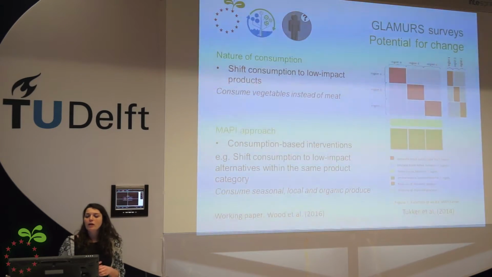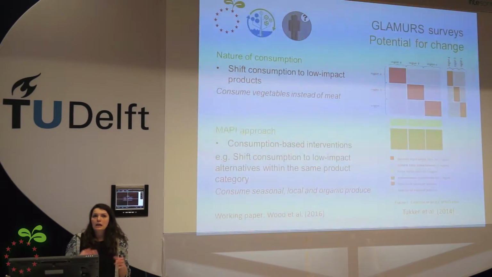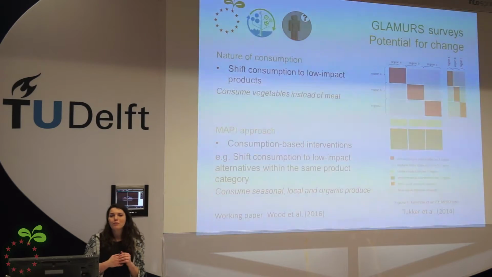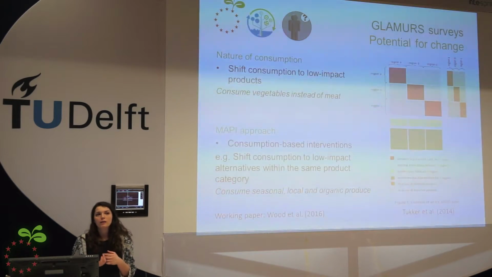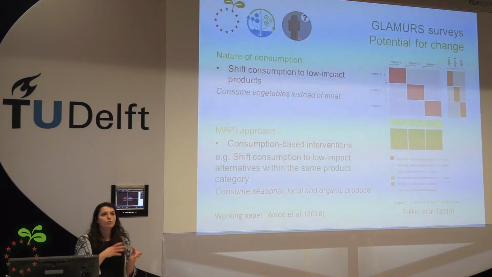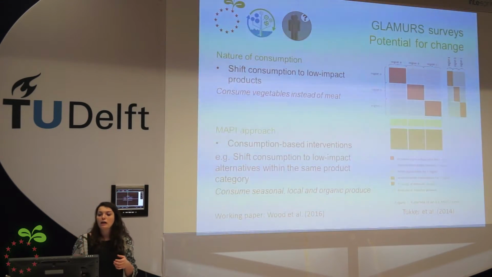And another thing that we do in the analysis is that we calculate the behavioral potential for change. One way of thinking about transition is to say what will be the environmental benefit of switching from a high intensity category to a low intensity one. For example, from switching from meat to vegetables.